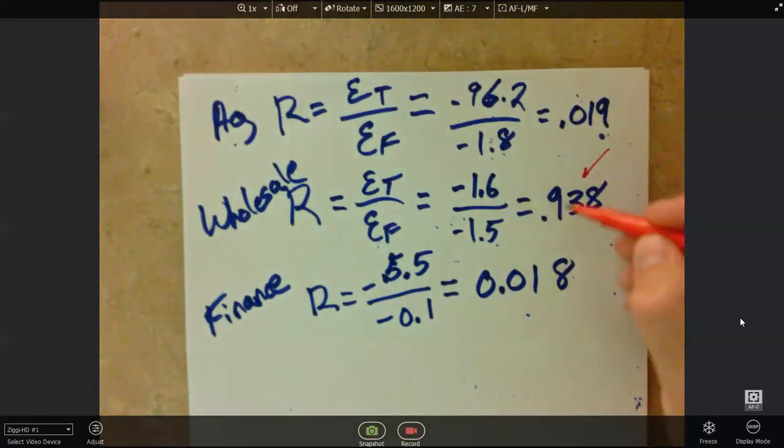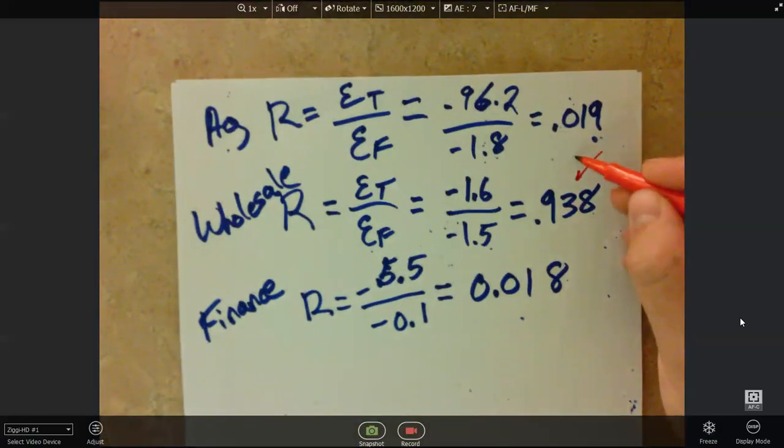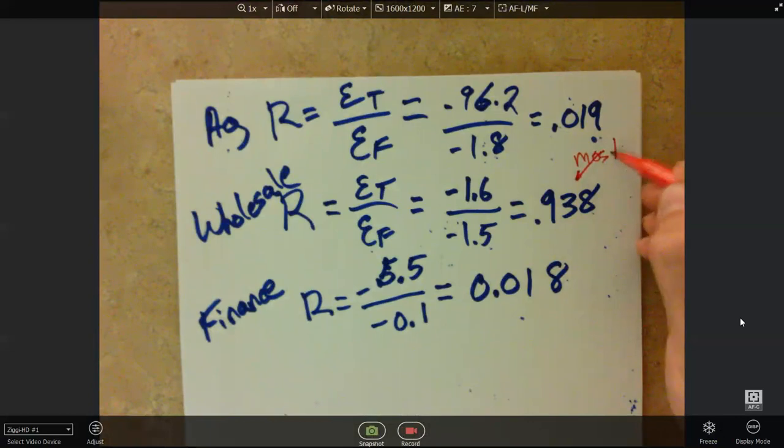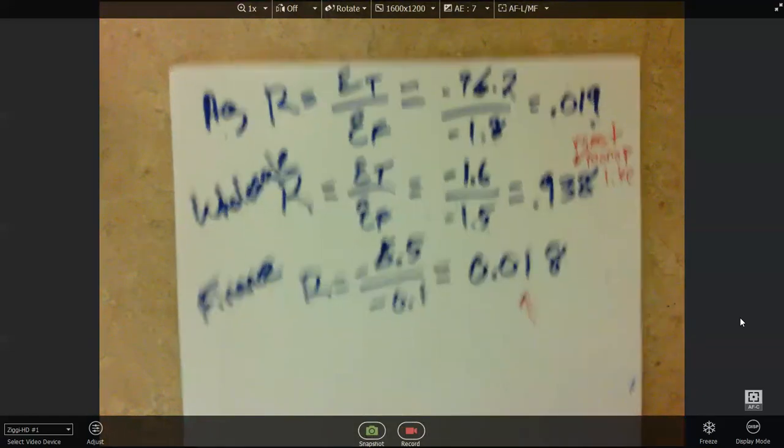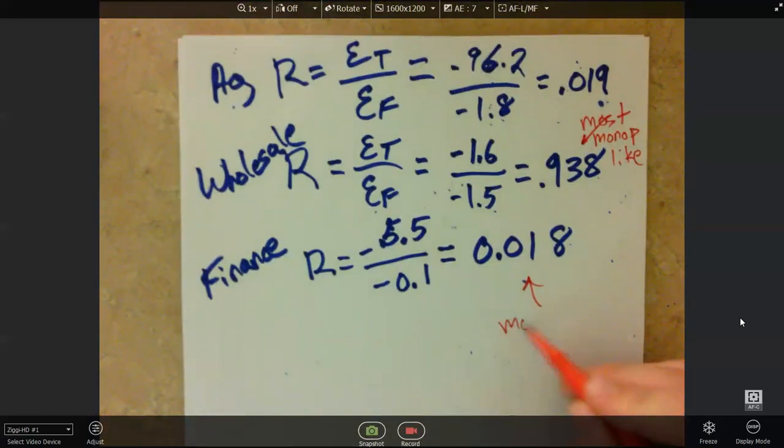Wholesale, at 0.938, is the most monopoly-like. And finance, at 0.018, is the most perfect competition-like.